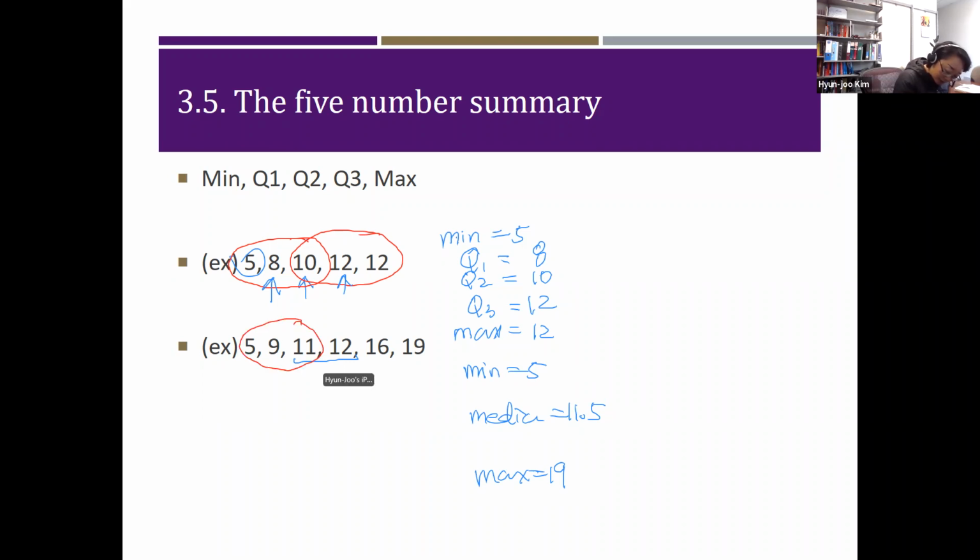Because it is an even number of data points, so you don't need to worry about whether you're going to include the median or not. To find Q1 and Q3, you find the median, the middle value, in each group. The middle value in the first group will be 9 and in the second group will be 16. Here we are. So those are the 5-value summary that you can calculate.